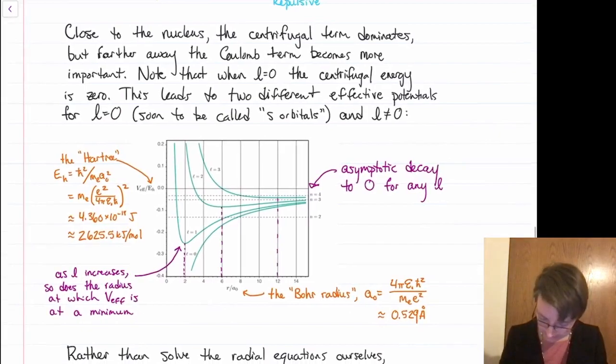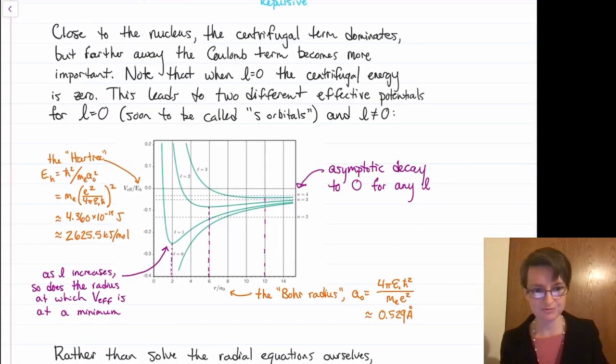And what that means for us, because soon we're going to be remembering from general chemistry that L equals 0 corresponds to an s-type orbital, L equals 1 is a p orbital, L equals 2 is a d orbital, is that p and d orbitals are going to have a repulsive energy close to the nucleus, which means that their probable locations for an electron in a p or a d orbital are, because of this effective potential, going to also be shifted farther away from the nucleus.